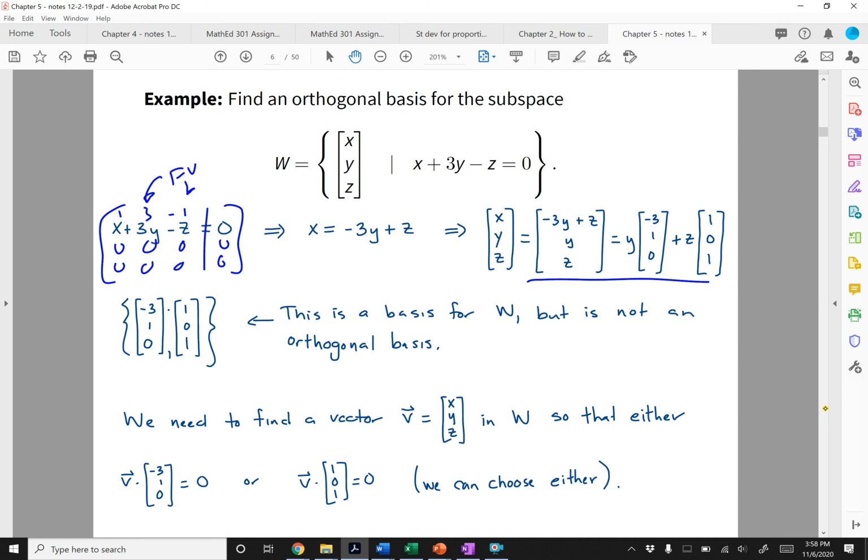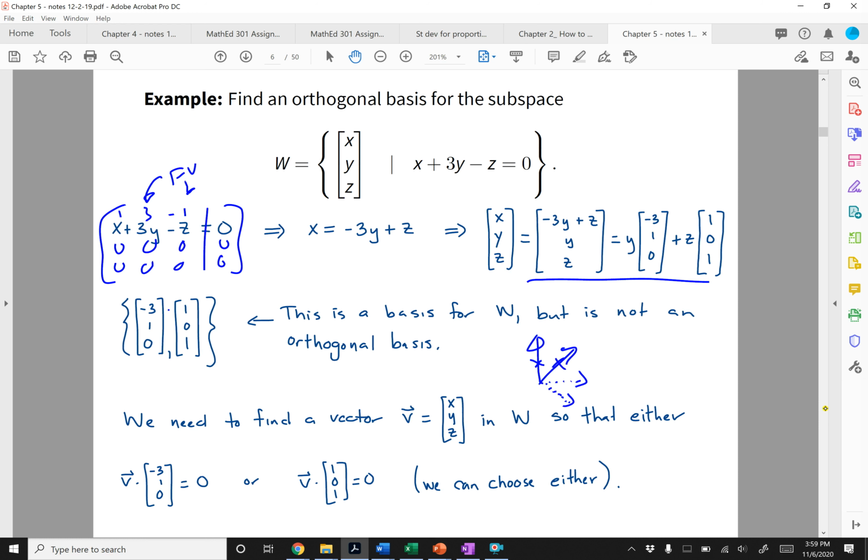Well, we need to find a vector in W so that if we take the dot product with one of these, it's going to be 0. So one way to think about what's happening is we have something like this going on, and if we find something like that, we can get rid of that one. Or if we find something like that, we could get rid of that one. But we can keep one of those two for sure.